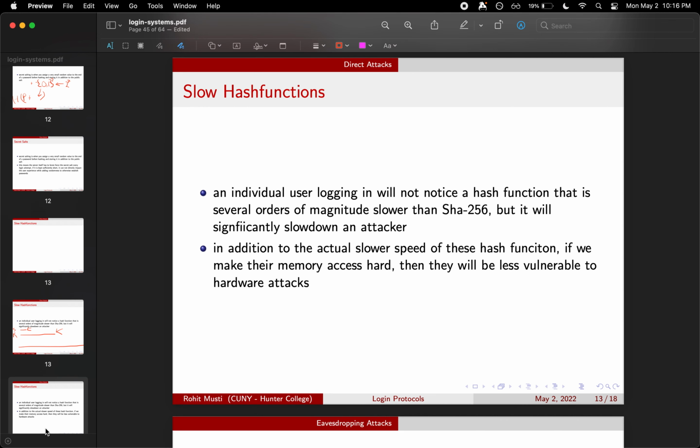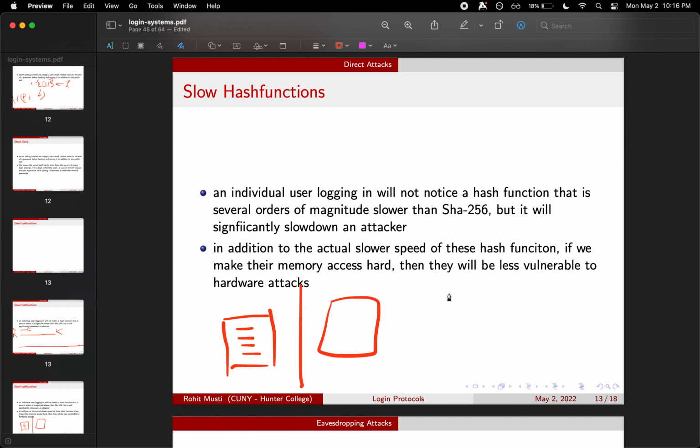So, an important principle when making these hash functions slow is we need to make sure that their memory access is also kind of random. So you have a hash function, and this is your memory, and all your data for your hash function is stored in your memory in neat little rows. This makes it possible to design specialized hardware for the hash function and make it faster.